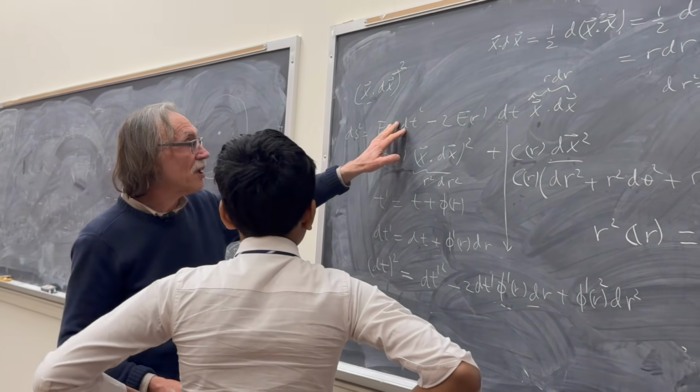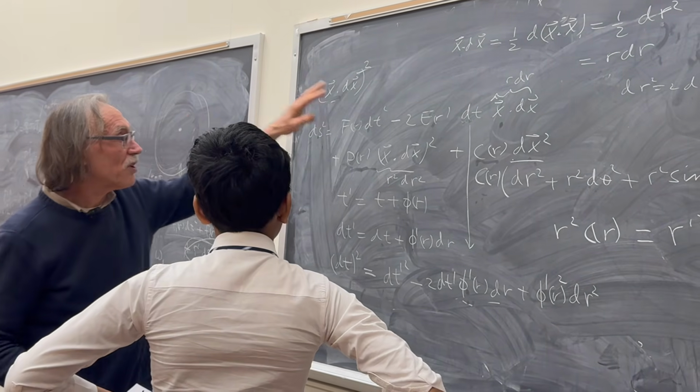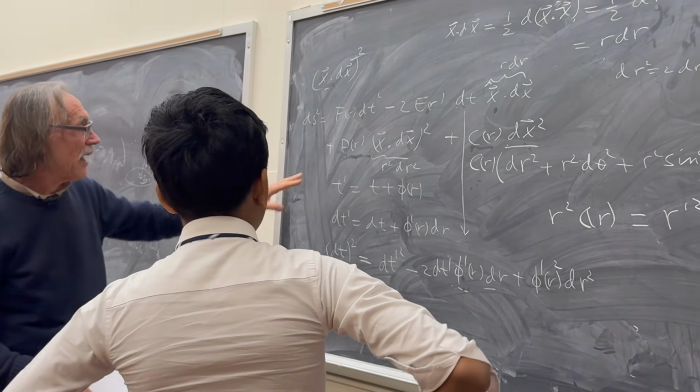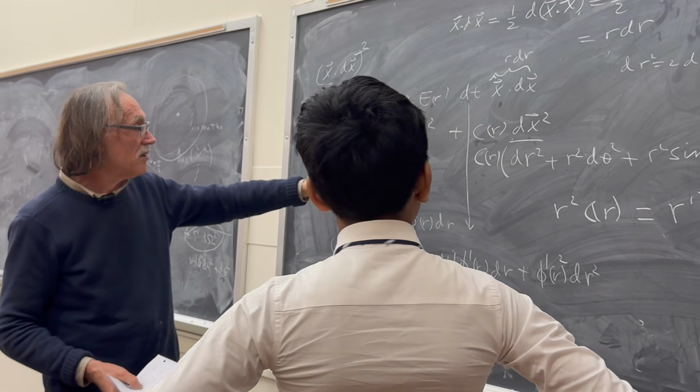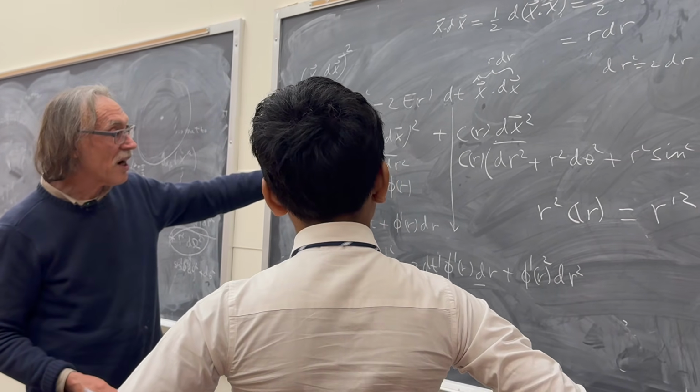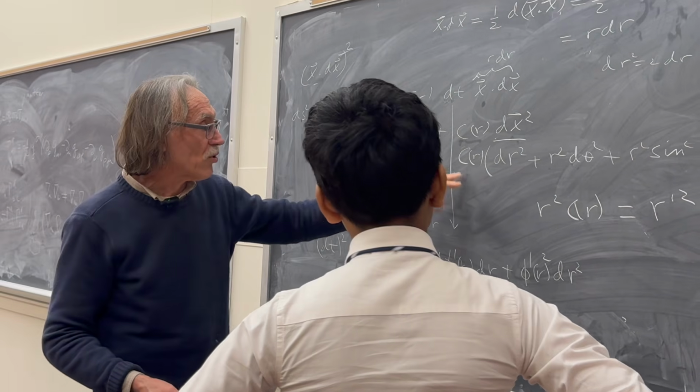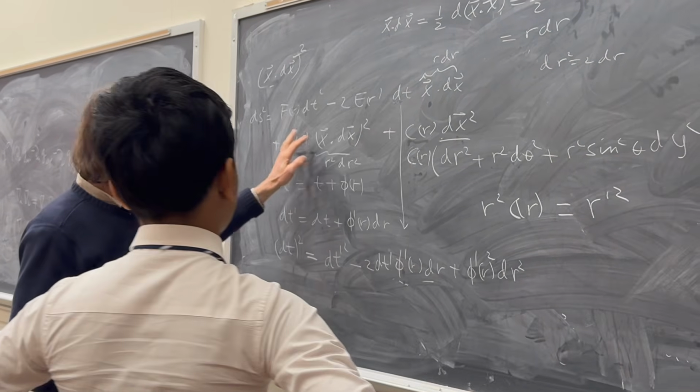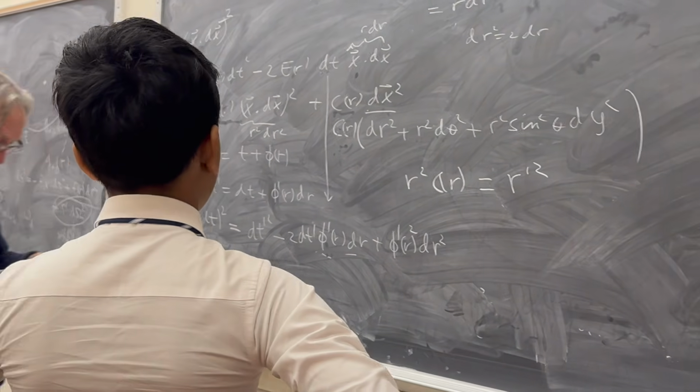We have this term, that's a dt squared term. We got rid of this term, and this is a dr squared term with some function of r. Here you also get a function of r, and you can combine them into one function of r.